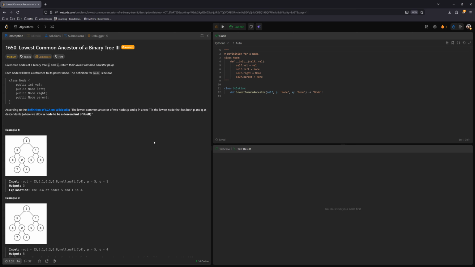So how do we know which one's higher? What I mean is where we allow a node to be a descendant of itself. That is how we know. Okay.